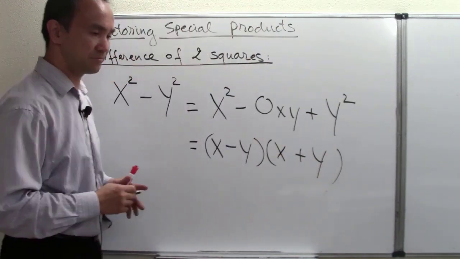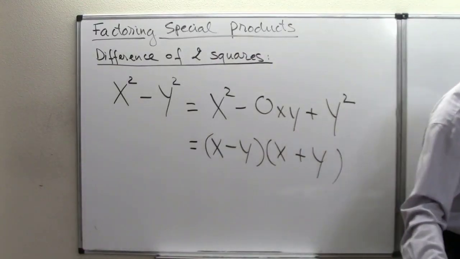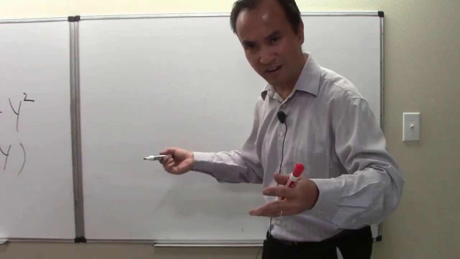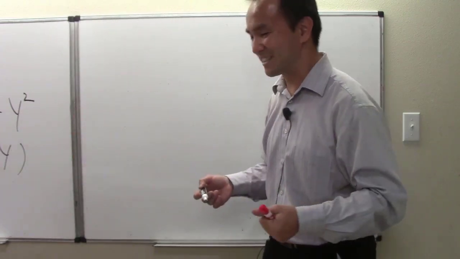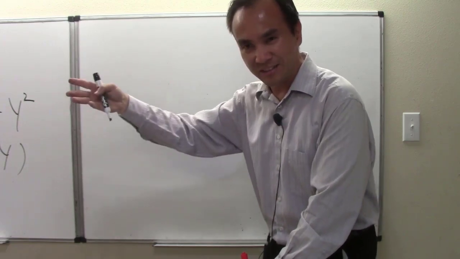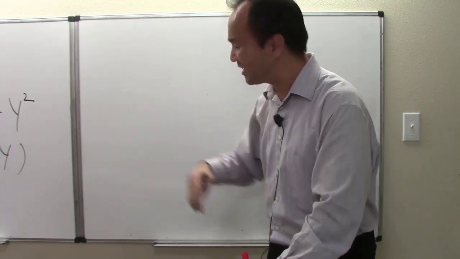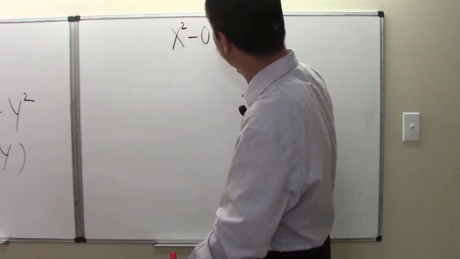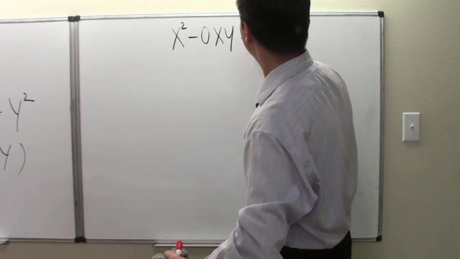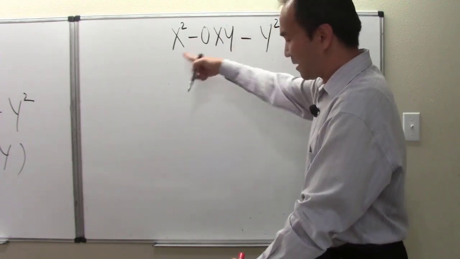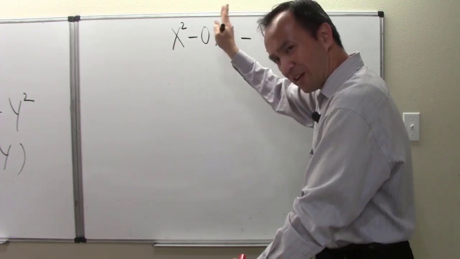And once again, in case you don't remember how I have done that in some of the earlier in-class examples or in some of the examples prior to this lesson, this one specifically, x squared minus 0xy minus y squared, we can think of that as now applying what we've learned from the previous lesson.